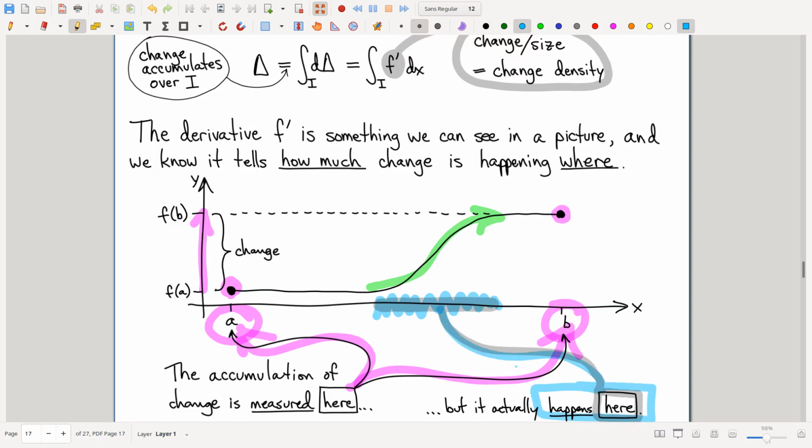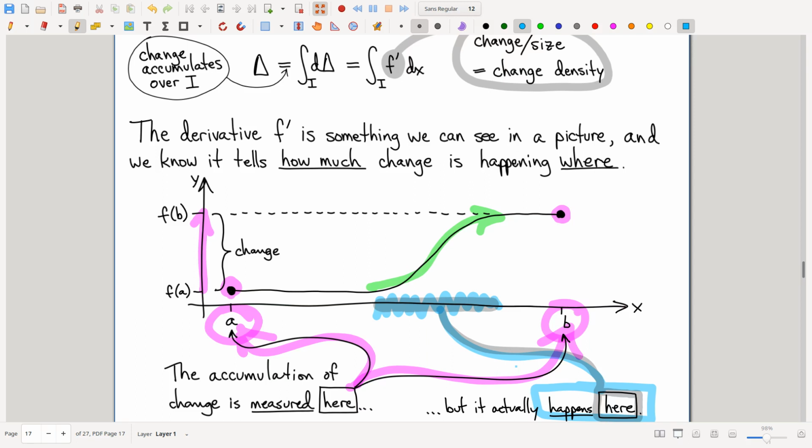So what we have here, I like to think anyway, and I hope you would see it the same way I do, is a very satisfying, dare I say, obvious example of something that's computed on the boundary actually happening in the interior. An accumulating quantity, no less, measured on the boundary that literally happens in the interior.